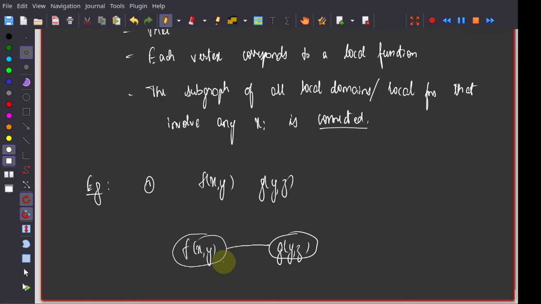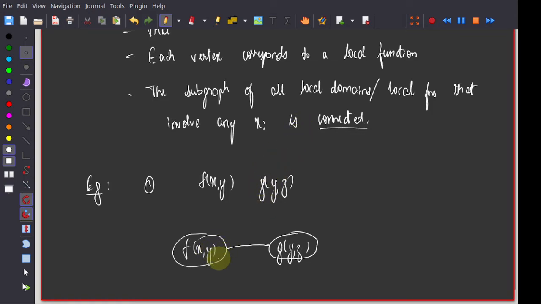It is. Let's look at each of these. There are three variables, x, y, and z. Look at the subgraph of all local functions which contain x. That just has one vertex, connected by definition. Now the second variable, y.